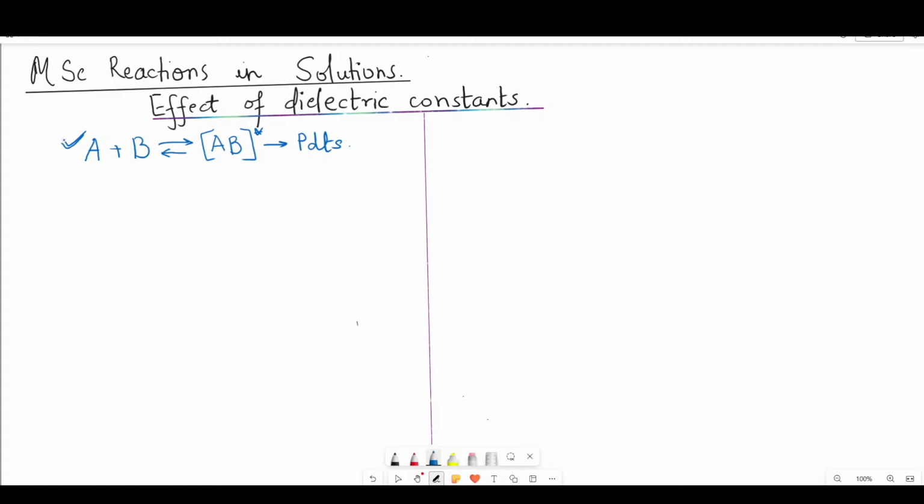For the reaction of A plus B going to an intermediate AB, which forms products, it is given by Kr is equal to Kt divided by h into K star.